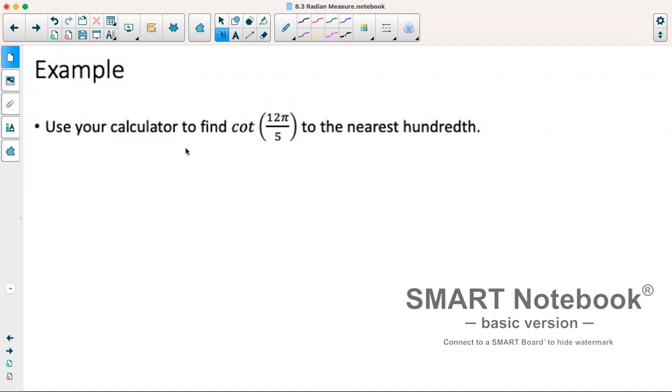We just want to make sure, because this is in radians, that you have your calculator changed to radian mode from degree mode. So if you have a Texas Instruments graphing calculator, you're just going to hit mode, and the third line down lets you switch between radians and degrees.